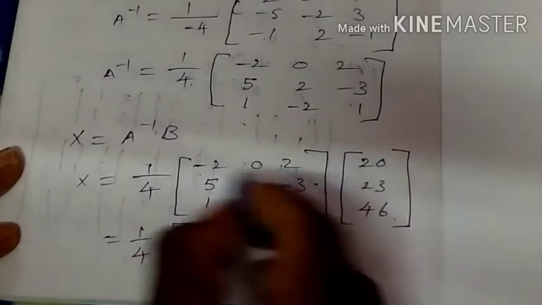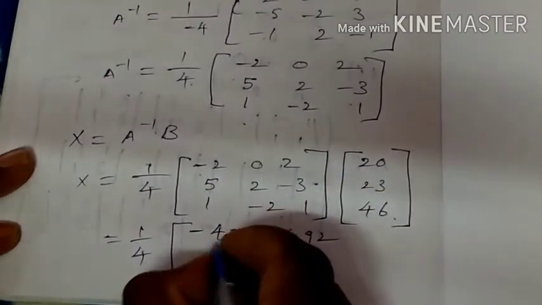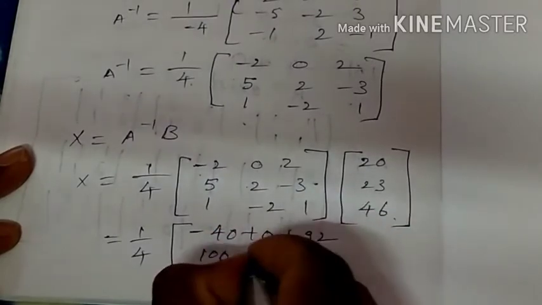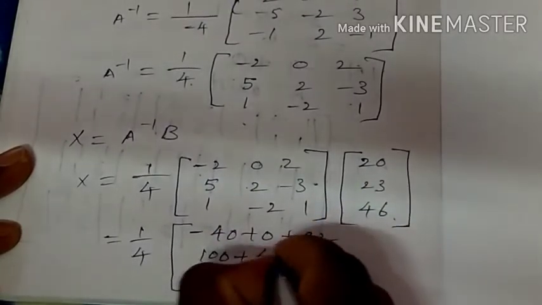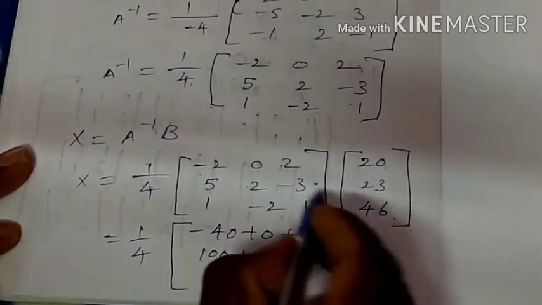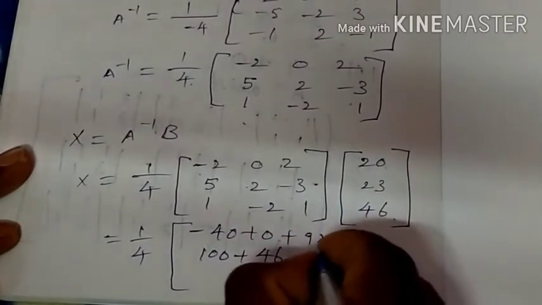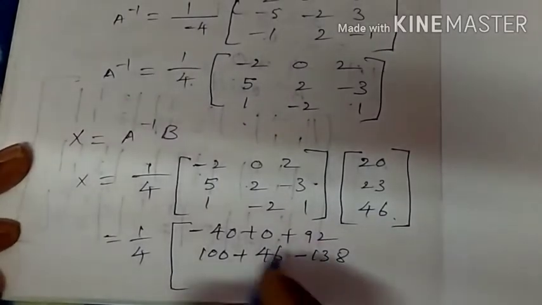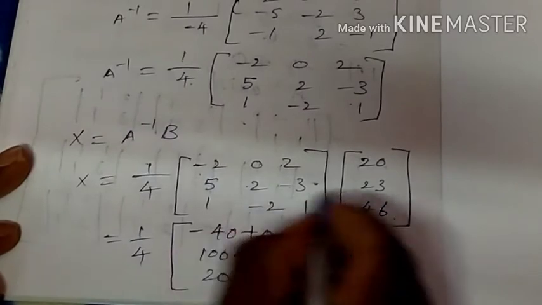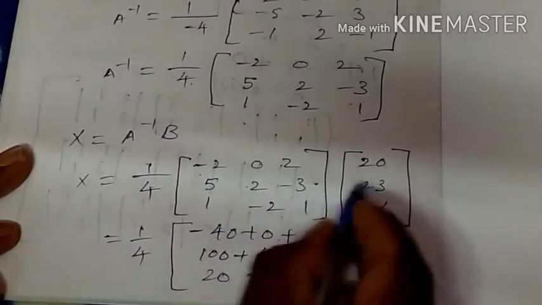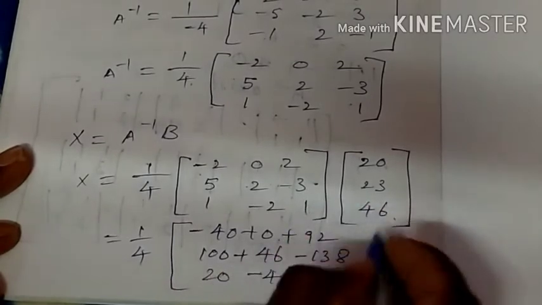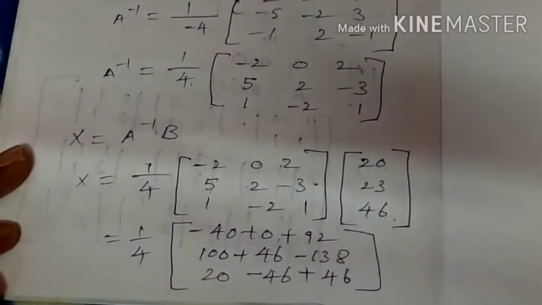Then plus 5 times 20 is 100. Then plus 2 times 23 is 46, minus 3 times 46 is 138. Then plus 1 times 20 is 20, minus 2 times 23 is 46, plus 1 times 46 is 46.